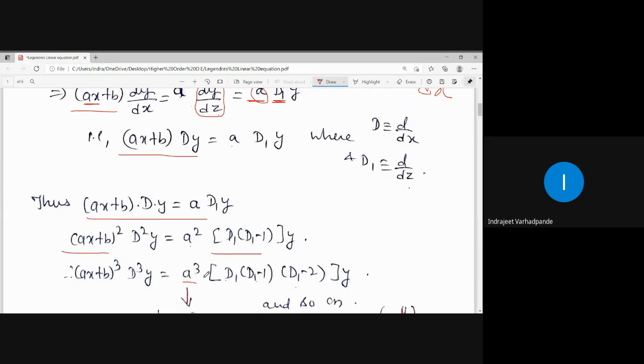See, the process of calculation or converting this is the same. Only what is the additional factor to be multiplied? In the first derivative a, in the second derivative a square, in the third derivative a cube, and so on.